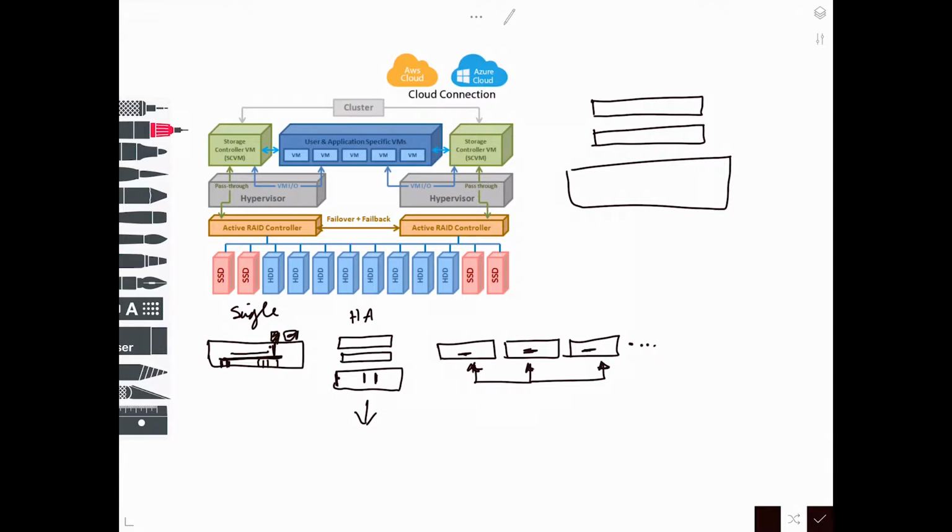The advantage of shared storage is that you use fewer hard drives to accomplish the same thing. Here you lose at least one node or more to redundancy, versus here, where you have the capacity of the nodes.